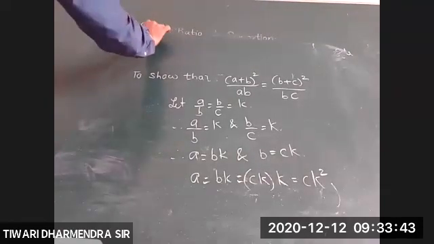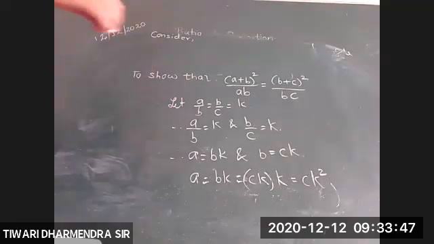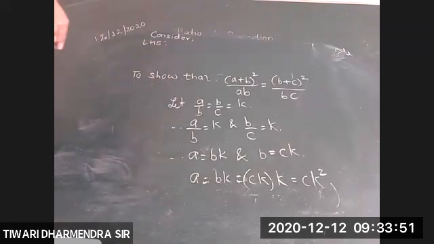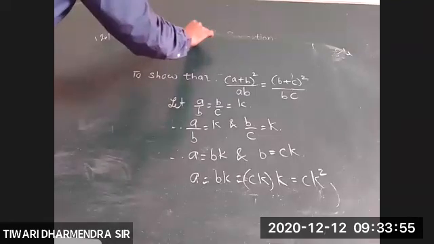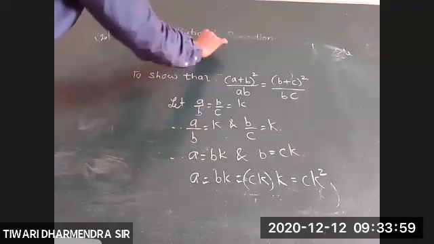So let's move to the proof side of show that. Consider the left-hand side, that is A plus B whole square divided by AB, is equal to.